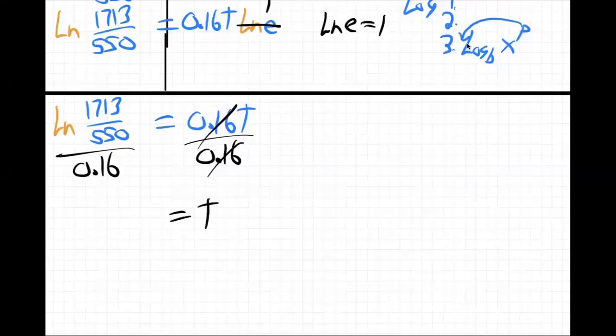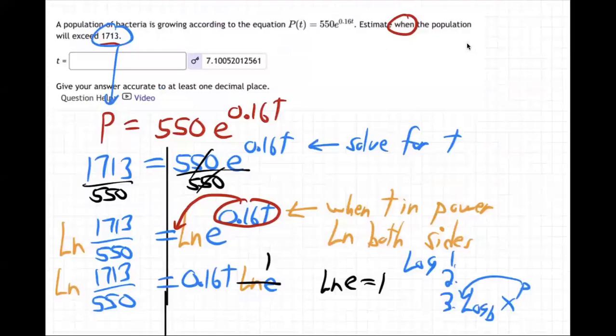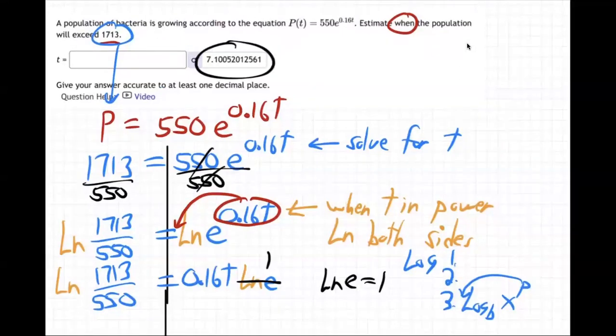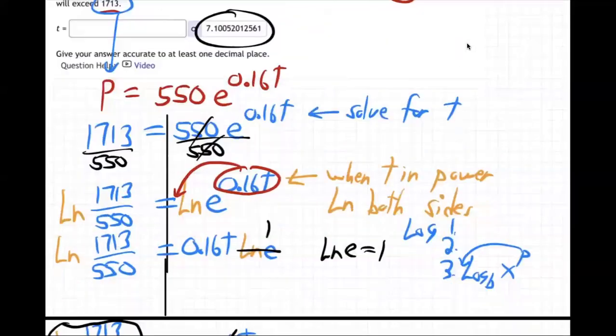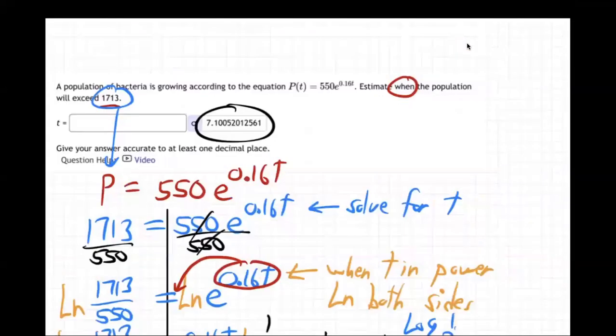So t will equal, now you've got to hit the buttons on your calculator. Just get this whole answer first on your calculator, then divide by 0.16, and you will get this answer right here, 7.1005. I don't know how many decimals they want.